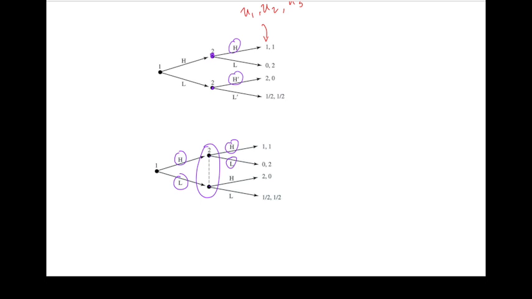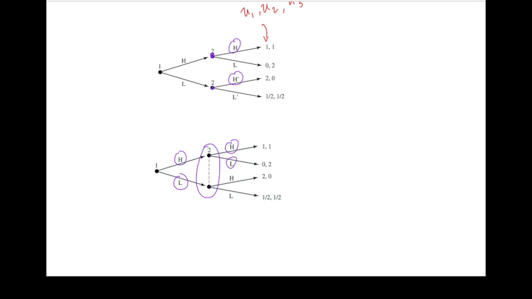Now, this particular game shows us something a little bit subtle about the timing of the game. Notice here I've been saying that player two is moving after player one. This particular game allows us to look at situations where player two might be moving at the same time as player one. Saying that player two doesn't know what player one has done is equivalent to saying that player two could be moving at the same time as player one.